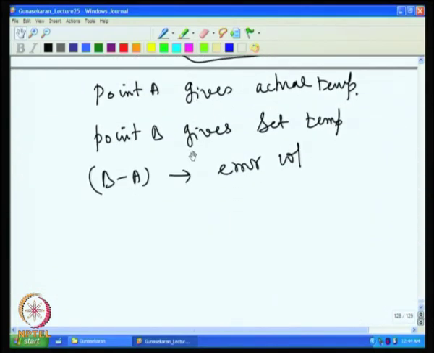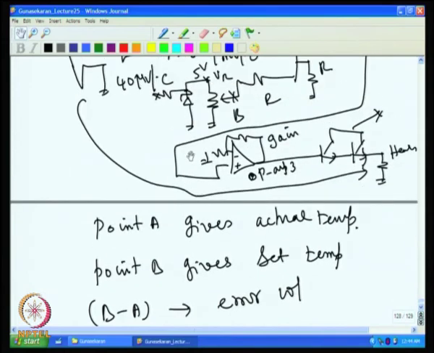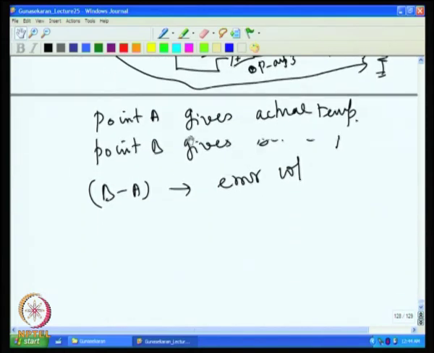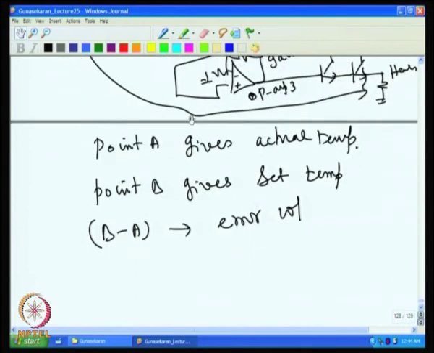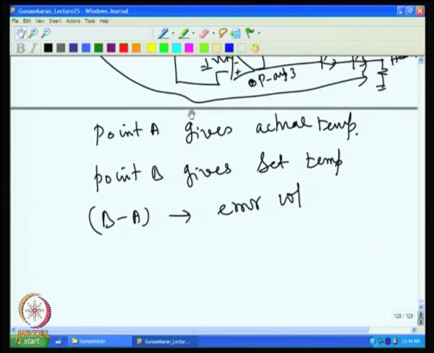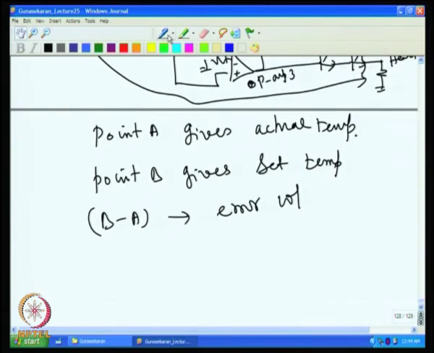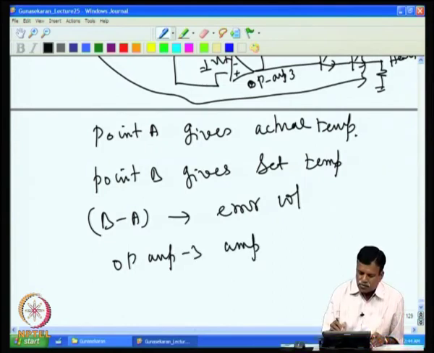So, now we will continue to write the functioning of the circuit: B minus A gives the error voltage, then op amp 3 amplifies the error voltage.